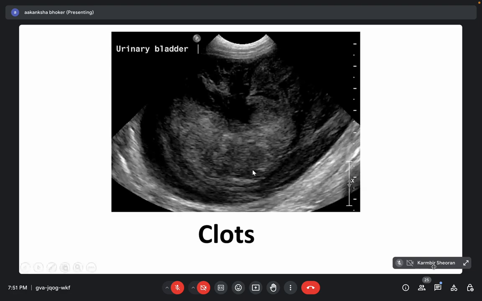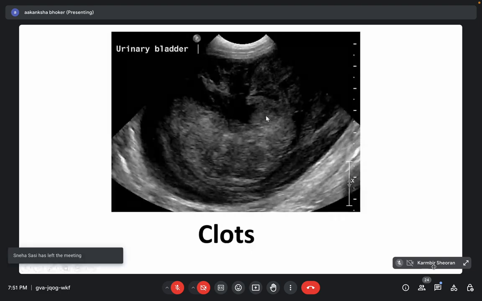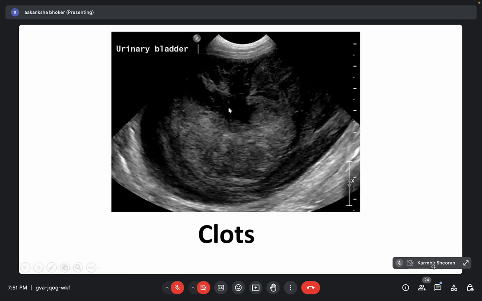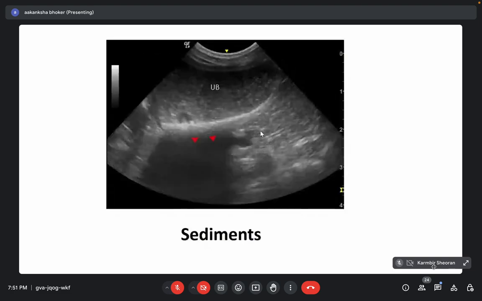Here, if it is a clot, there will be no vascularization upon applying the Doppler. And if we make the animal move, or infiltrate some saline, then this clot can break, swirl within the abdomen, and change its position. So this is a way to differentially distinguish the condition.